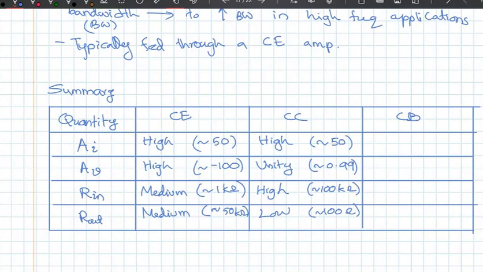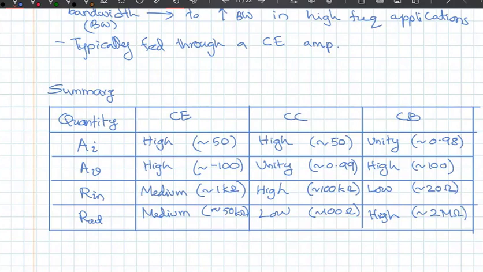For common base, you have low current gain, or unity current gain, about 0.98, high voltage gain, about 100, and low input impedance, about 20 ohms, and high output impedance in the range of 2 mega ohms, so very high.